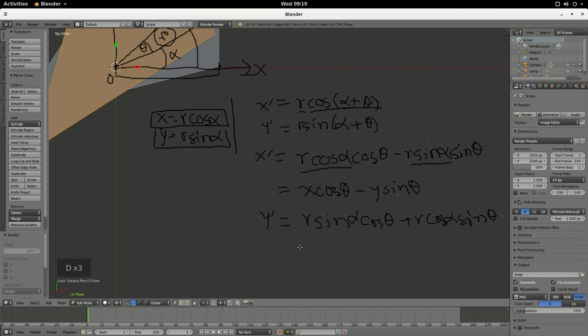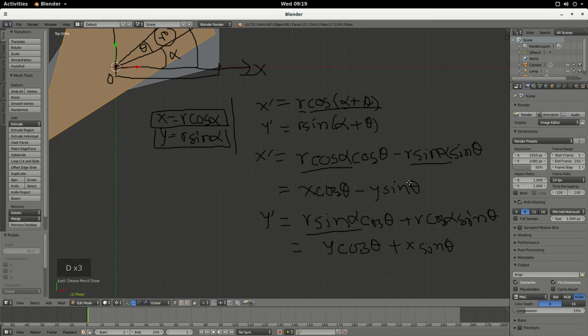And now we are going to apply the same sort of technique we did before. R sin alpha, what's that? Y. Y cos theta. And over here we have R cos alpha, that's X. That's X sin theta.